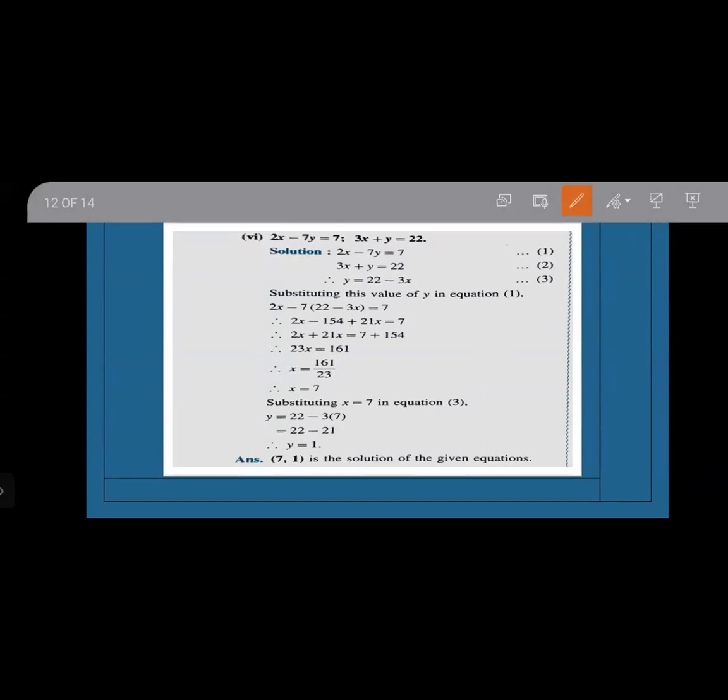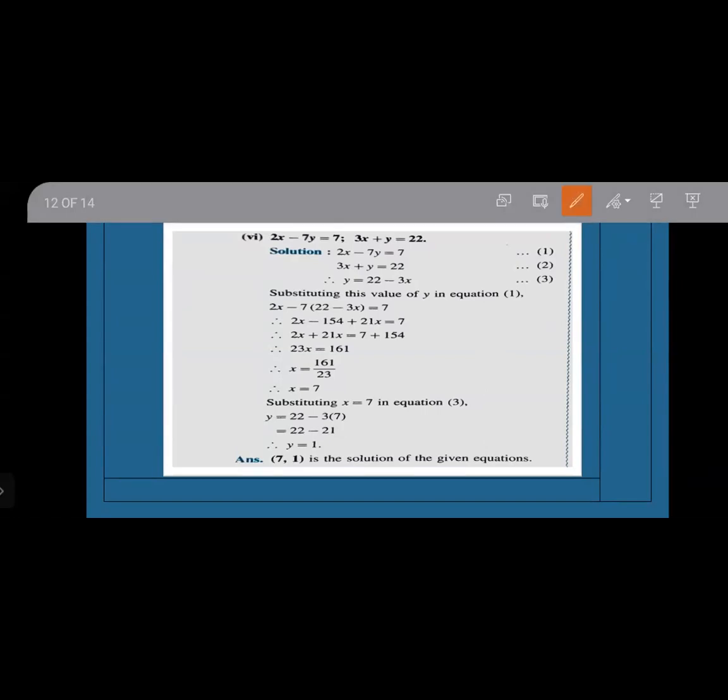One more example of the substitution method. 2x minus 7y equals 7 and 3x plus y equals 22. Take any one equation. Either you can take equation 1 or equation 2.